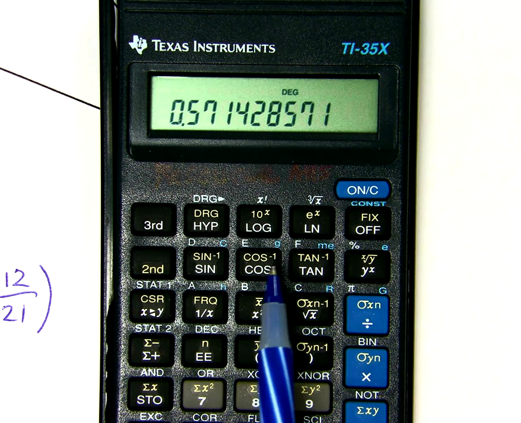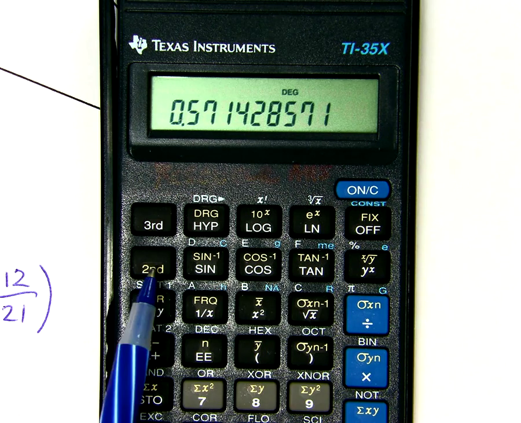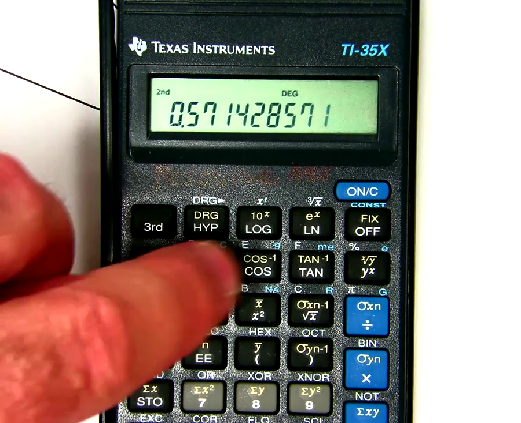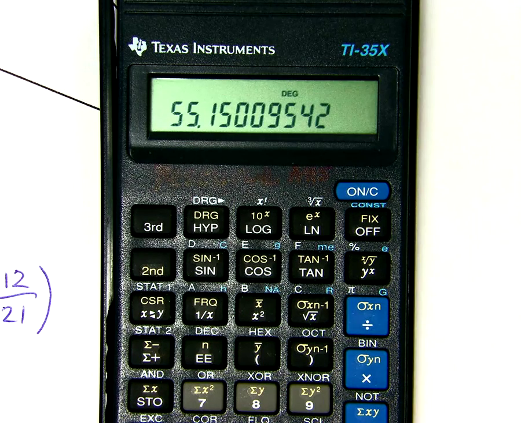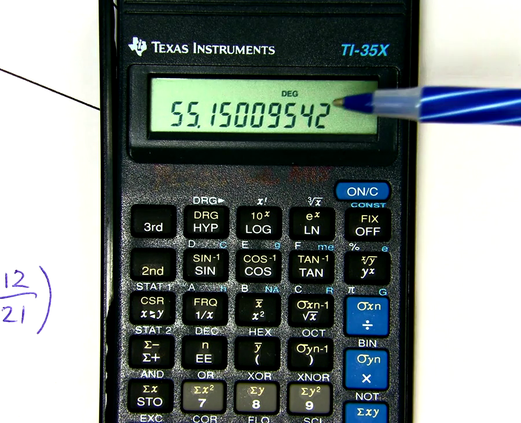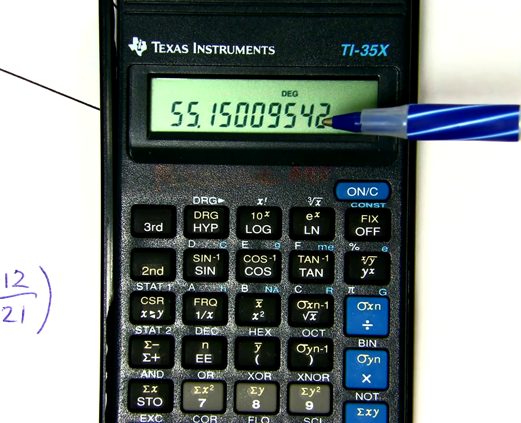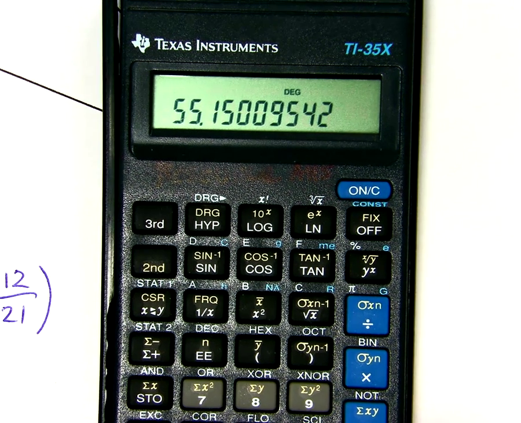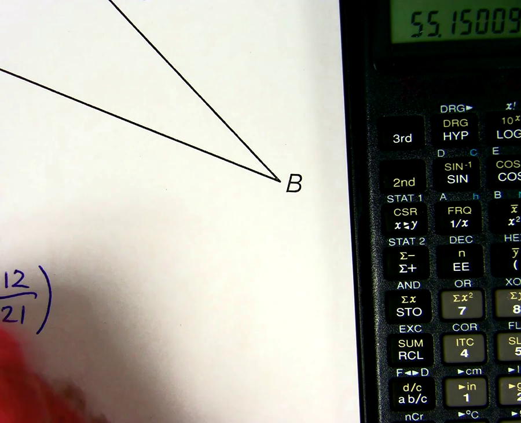It's kind of in this goldish tan, and notice that's for the second. So I'm going to hit second cosine. And if that's my last thing, it did actually then do that for the angle. So to the nearest degree, the measure of angle A would be about 55 degrees.